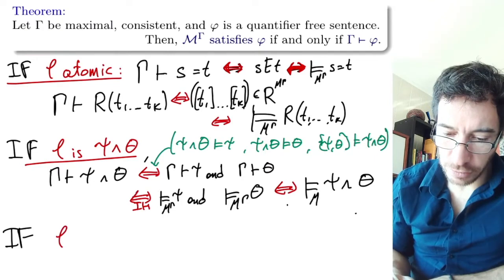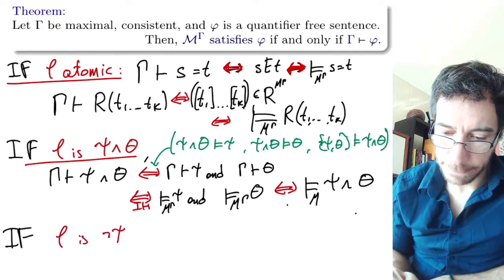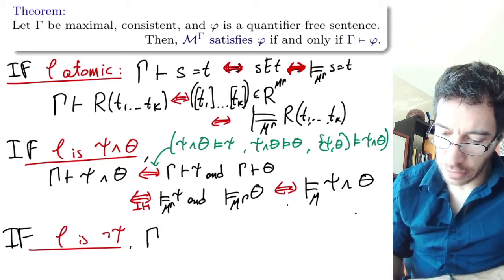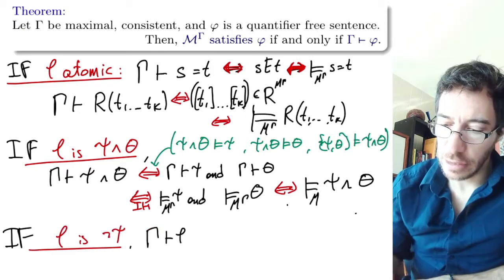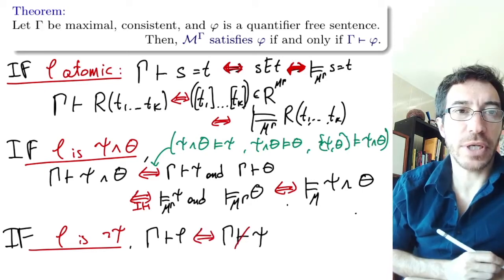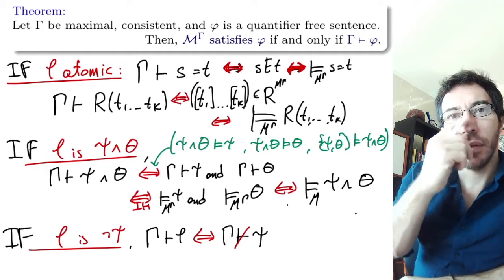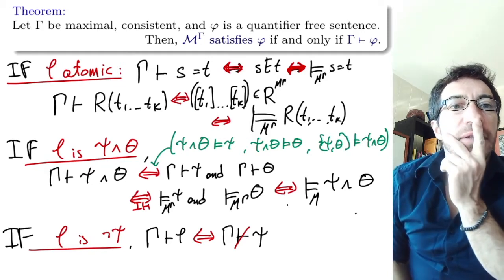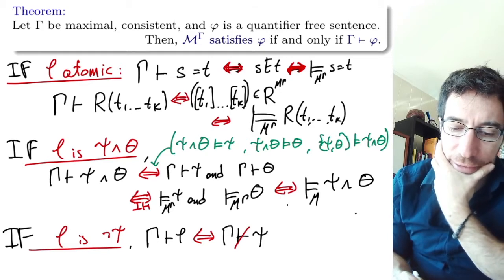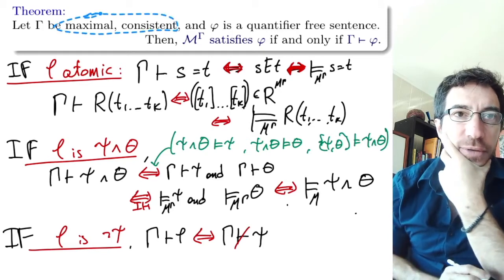If phi is of the form not psi, then what do we get? Let's see. Gamma proves phi if and only if gamma does not prove psi. Why is this? This follows from the fact that gamma is maximal and consistent, right?